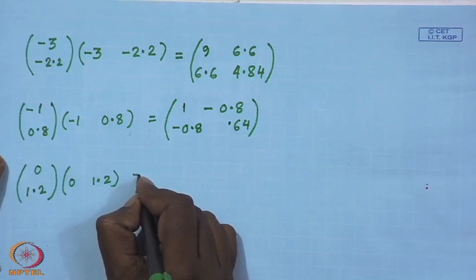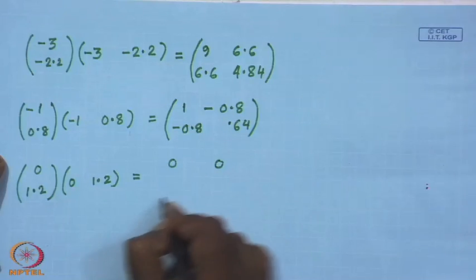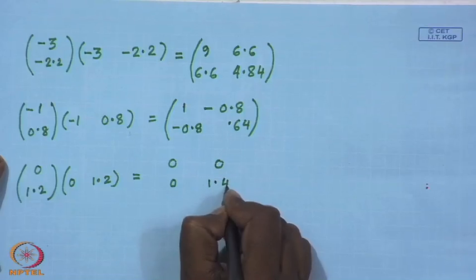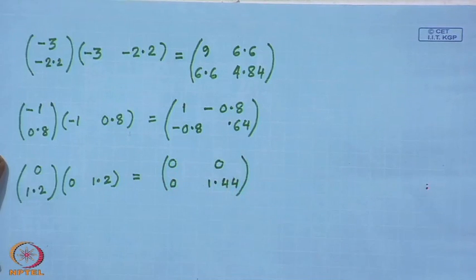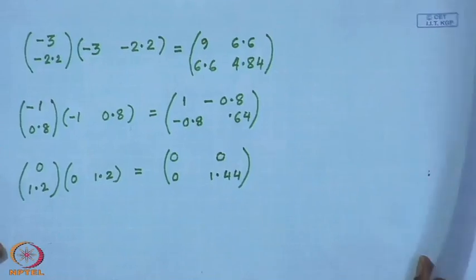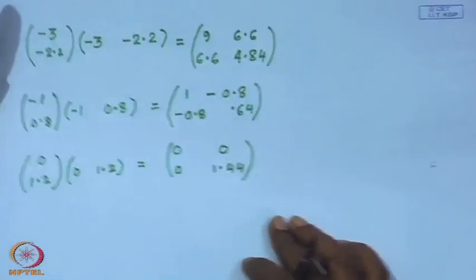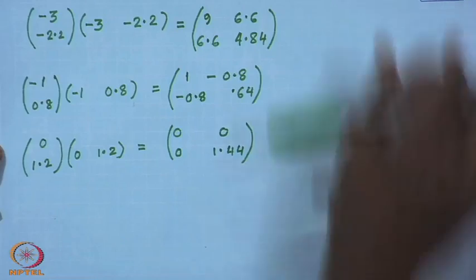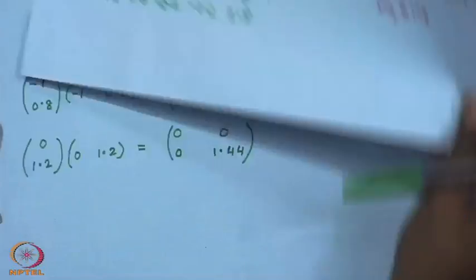So, if I compute this, it will be 0, 0, 0, 1.44. For the fourth one, it is 1, 1.8.